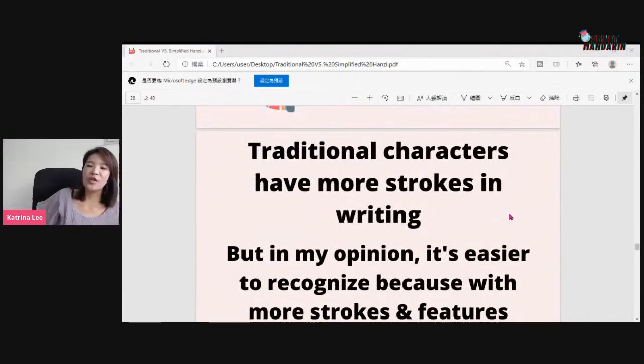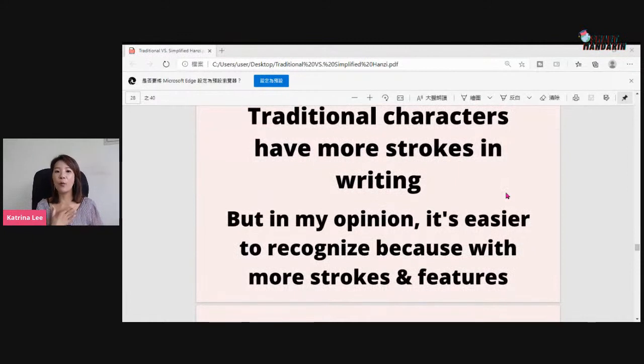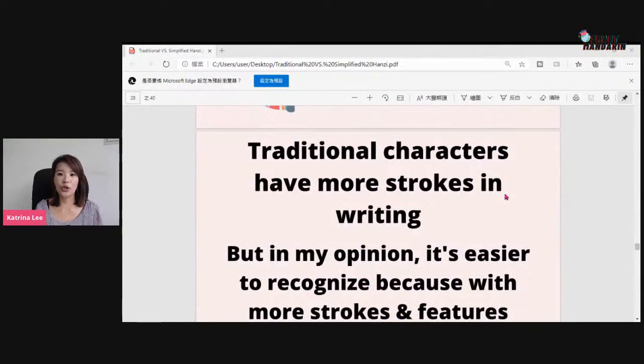So, to sum up, I think this is what I want to say. Yes, traditional characters have more strokes in writing. So if you love writing so much and you don't want to write so many strokes, that doesn't make any sense.